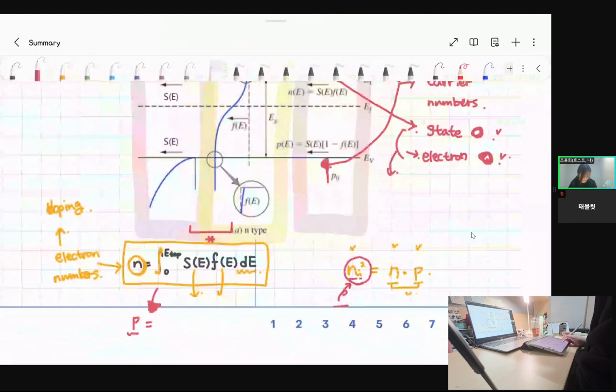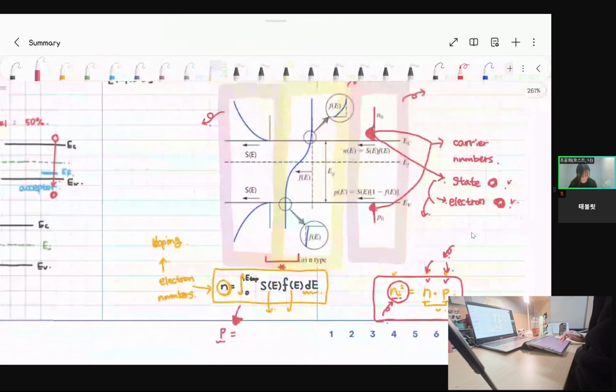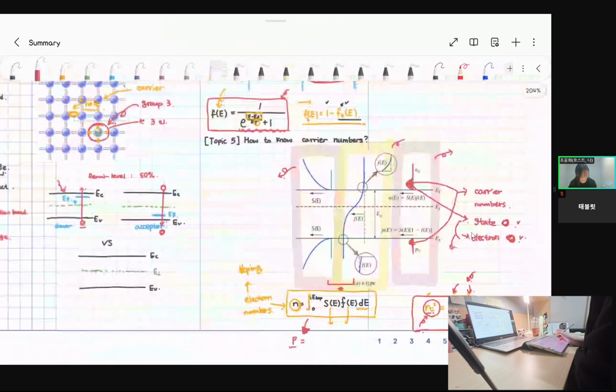That means if you know only one of the carrier numbers, we can also calculate the other carrier number. That is how to calculate the carrier numbers.